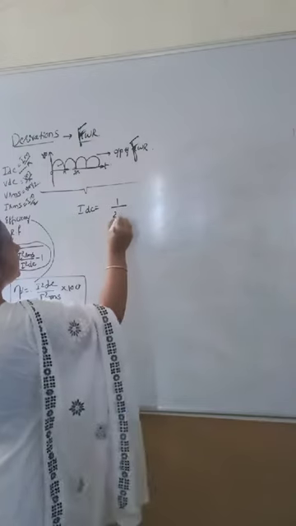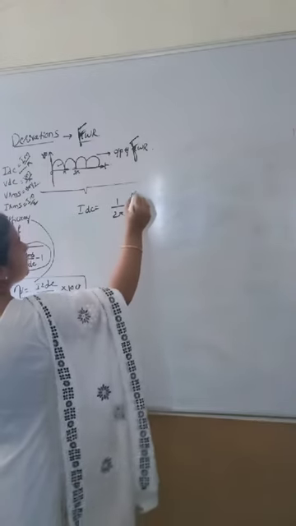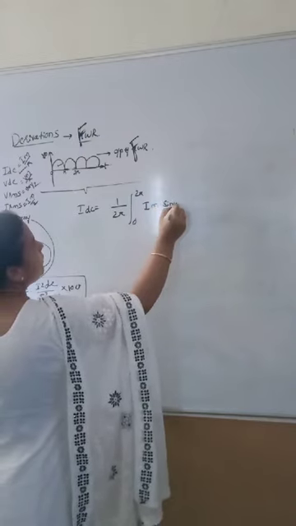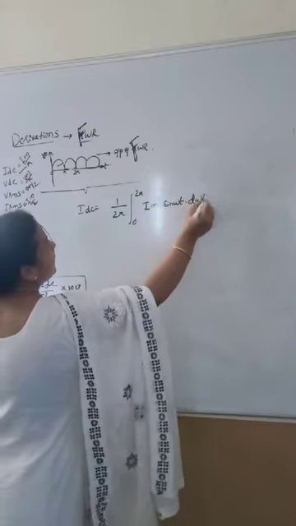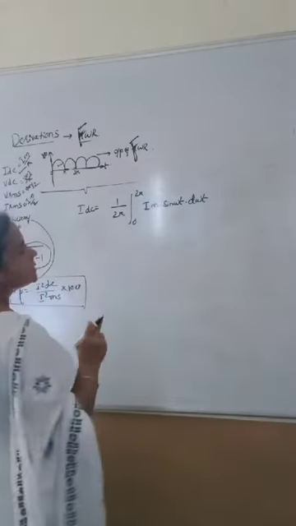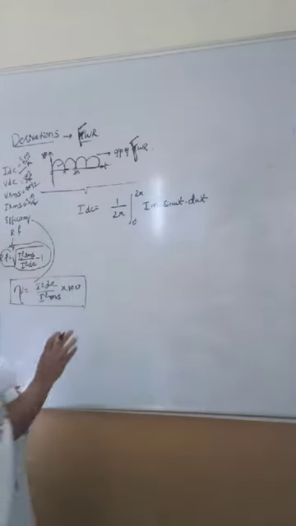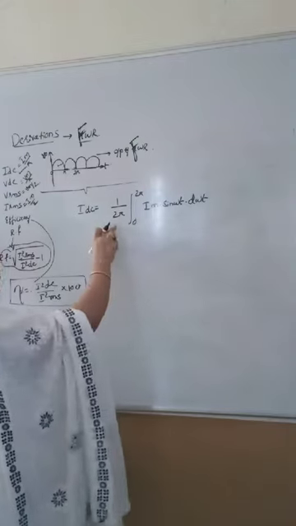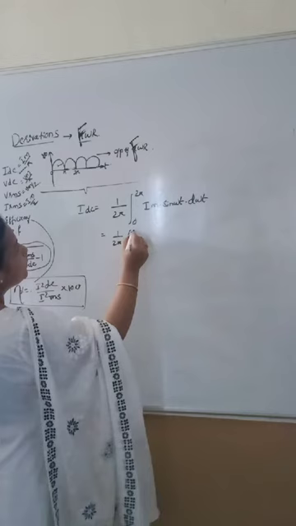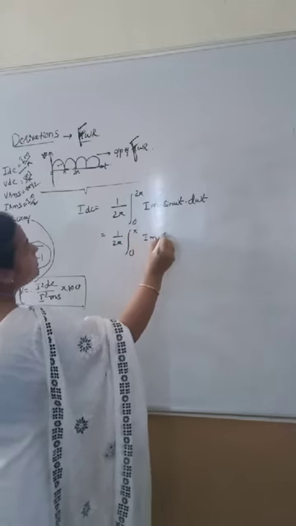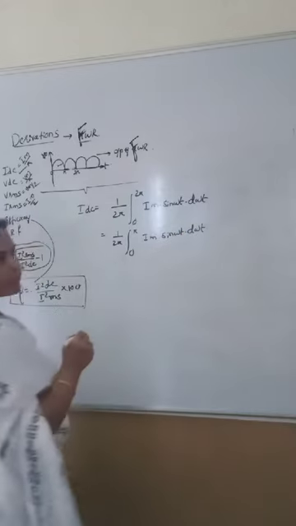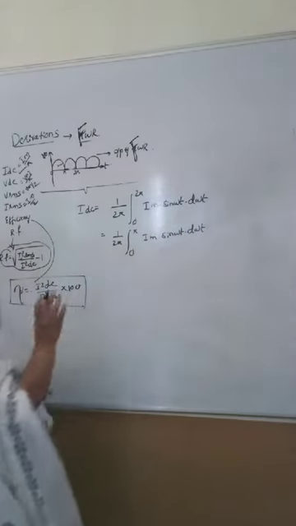I will write 1 divided by 2 pi, 0 to 2 pi, Im sine omega t d omega t. This is for the half wave rectifier, right? Then we changed this into 0 to pi, Im sine omega t d omega t. This is for the half wave rectifier.